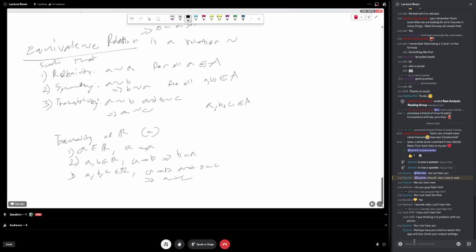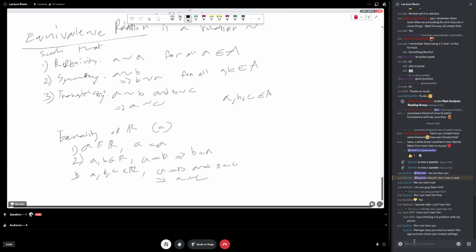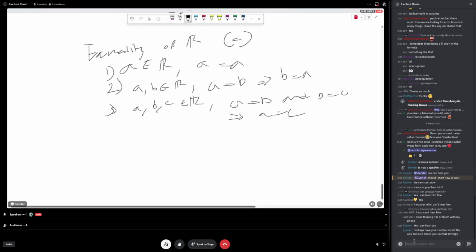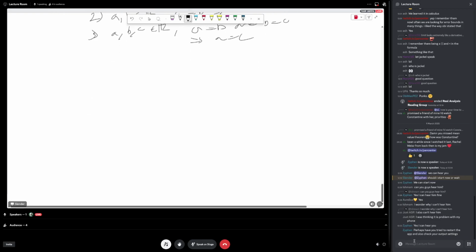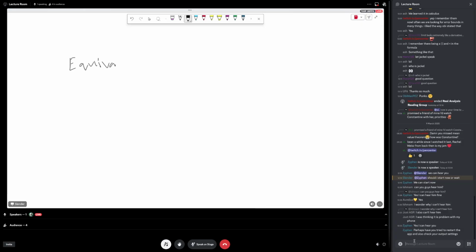Now there is something very helpful we have. Let's say we want to have a set of all equivalence relations. For example, we have some set A. We call this the equivalence class of small a, which is an element of this.